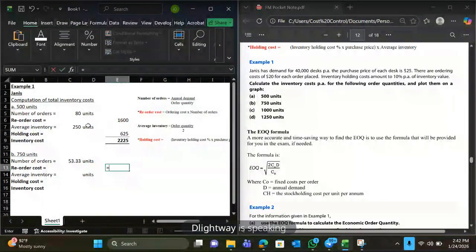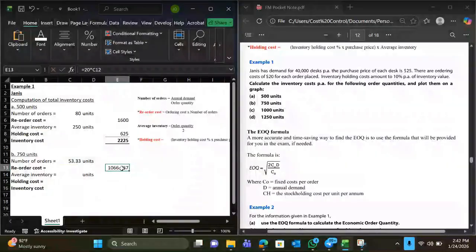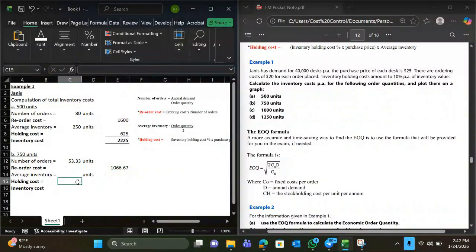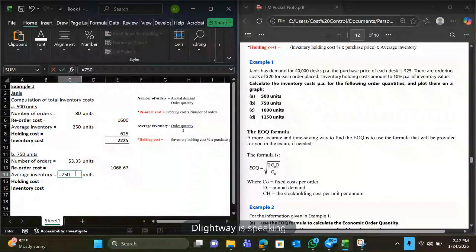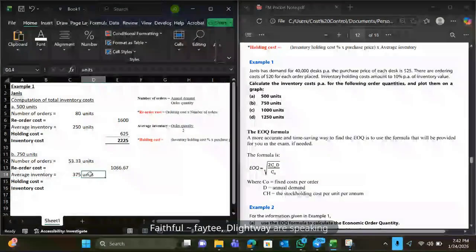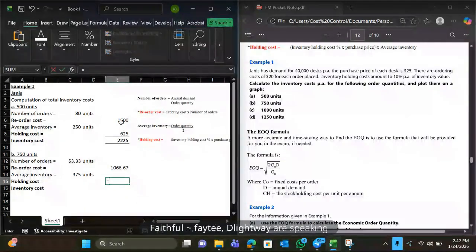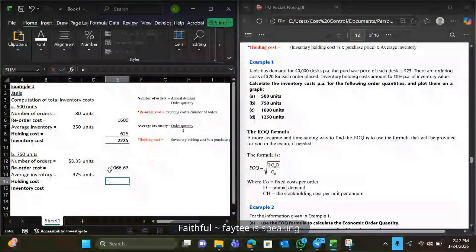For the reorder quantity, our ordering cost is 20 times the number of orders. Take it to two decimal places. The average inventory is basically going to be 750, the number of inventory we are ordering, divided by 2. That's 375.